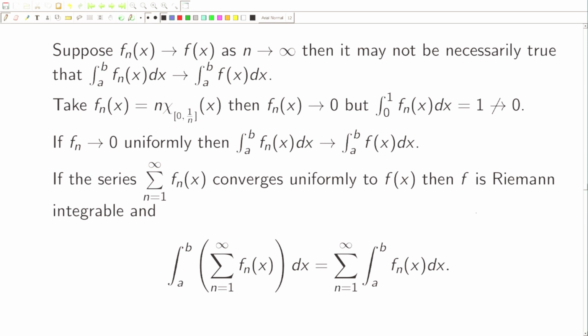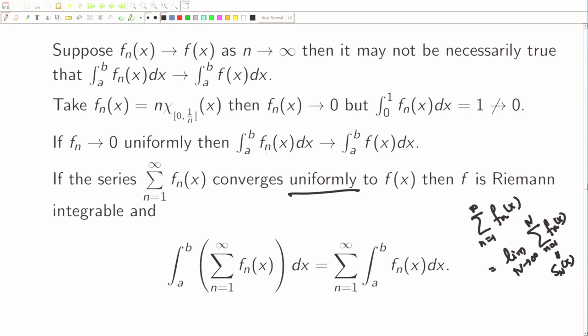Because what is this? This summation of n equal to 1 to infinity f n of x is actually the limit as n goes to infinity of the summation n from 1 to n of f n of x. This you can call S n of x. So, now this is what we are interchanging. Here the convergence is uniform, therefore, the limit can be interchanged with the integral.